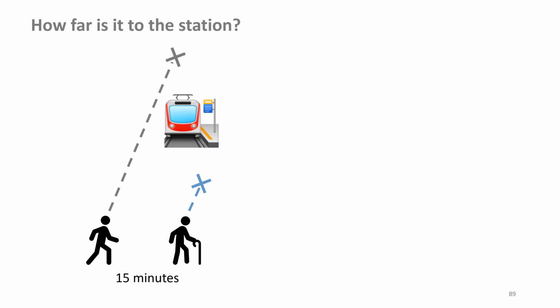To the question, how far is it to the station? You can answer, for example, about 2 kilometers from here. Kilometers are independent of how fast someone can walk. Moreover, we all have the same understanding of kilometers.